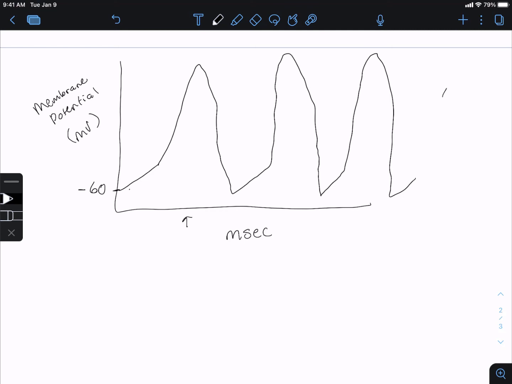Each of these are action potentials, and they're rhythmic, hence the autorhythmic cells, and they happen automatically. In the SA node, they're going to happen at a rate of 100 times per minute.